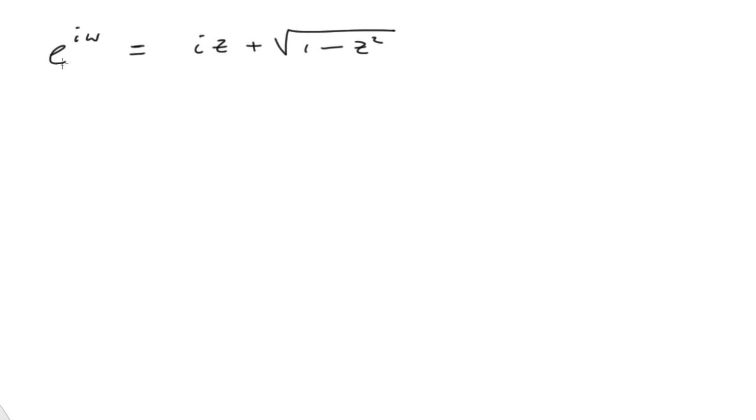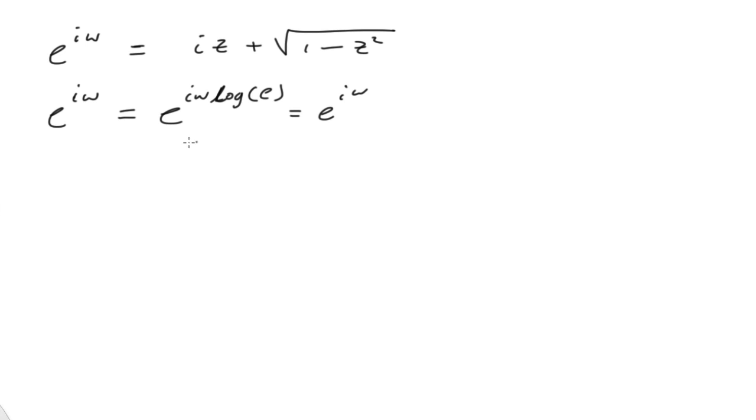Now, we can always write e to the iw, this is a complex exponent. We've seen those from previous videos. We can write that as e to the iw times log e, which is simply e to the iw again.